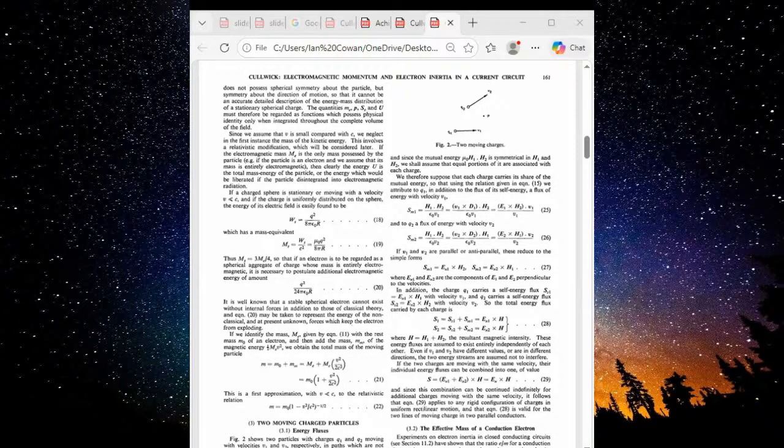It is well known that a stable spherical electron cannot exist without internal forces in addition to those of classical theory. Equation 20 may be taken to represent the energy of the non-classical and presently unknown forces which keep the electron from exploding. So in other words, he's saying that we're using the spherical model of the electron, but it's known not to work.